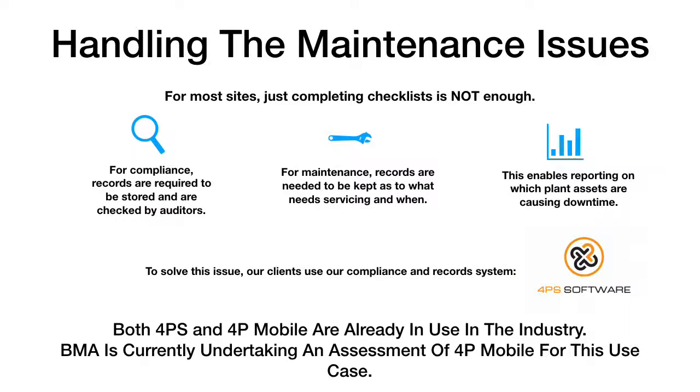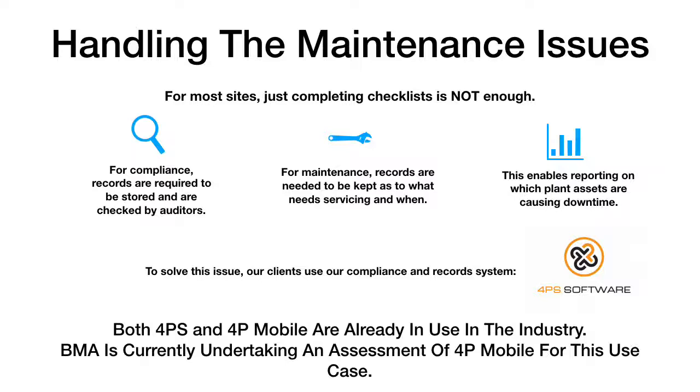We do this with our 4P Mobile application, but also with our desktop application 4PS. So 4PS and 4P Mobile are already in use in the industry to solve this exact problem. And BMA is currently undertaking an assessment of 4P Mobile for this use case as well.